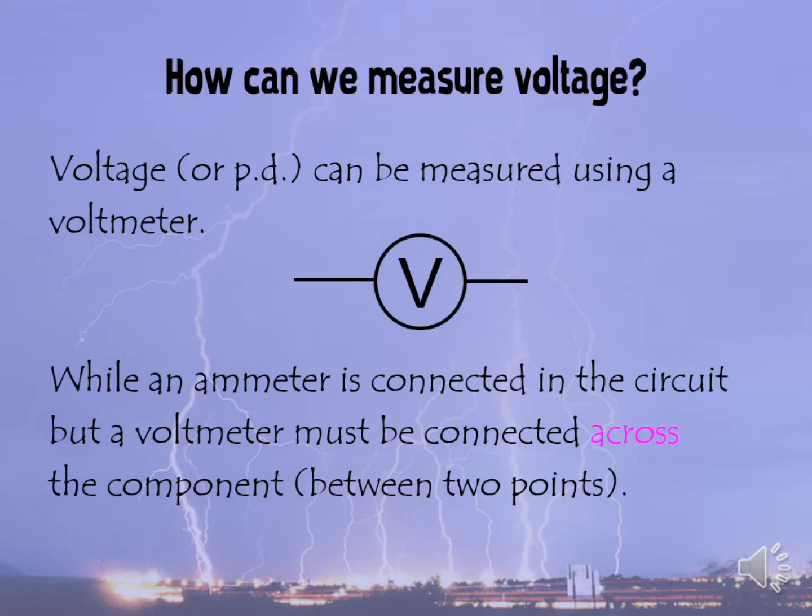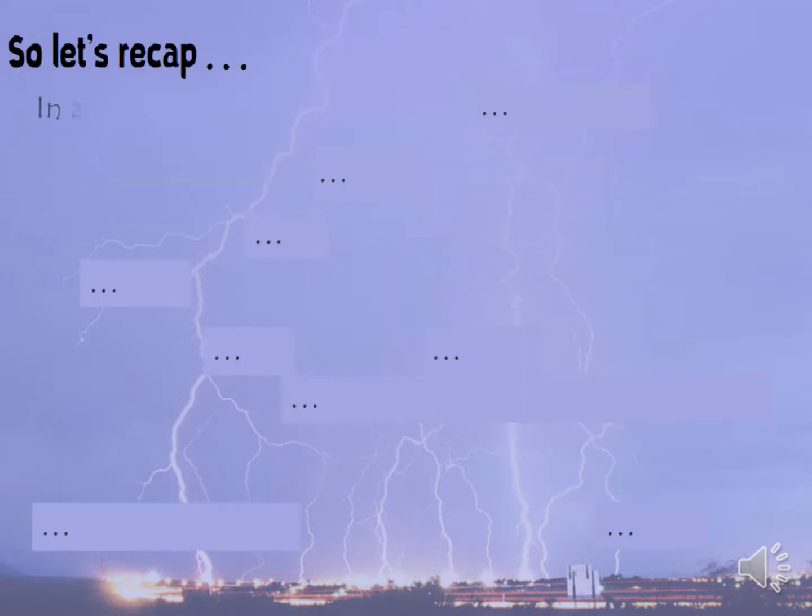An ammeter is put in a circuit and it measures the same current at every point on a circuit. However, the voltmeter is what we measure across possibly the whole circuit, or at least across individual components, to see how much electrical energy they are taking from the total.